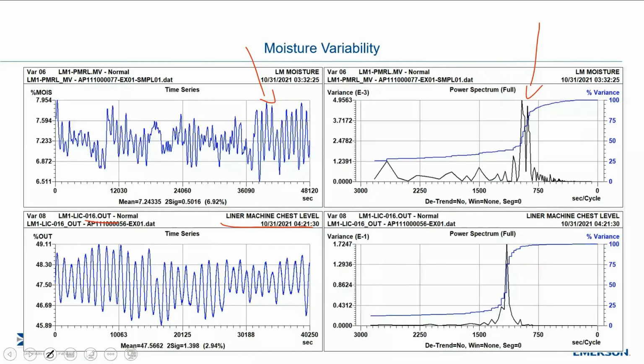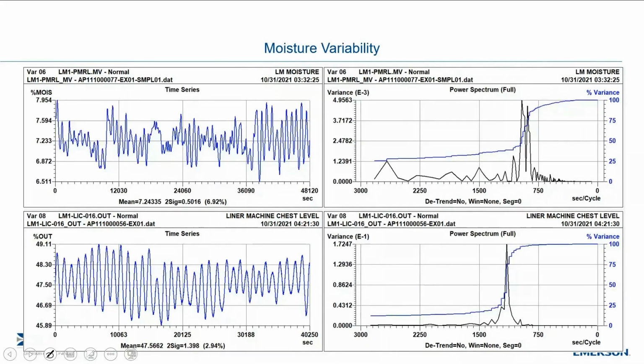I didn't have a flow measurement there. As you can see, it is oscillating as well, but it did not line up with the moisture variability I was looking for. So I was kind of bummed out about that.